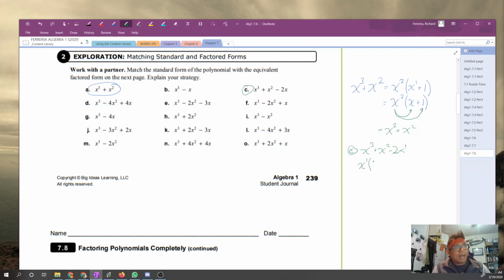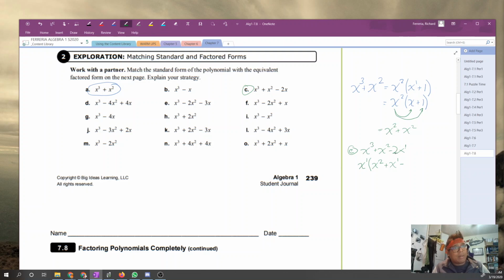And as I do that, I'm just going to leave all the constants alone, all the, what do we call those? We call those coefficients. Leave the coefficients alone and subtract the powers. So x cubed, no coefficient, but 3 minus 1 is 2, so x squared. X squared, no coefficient, so we'll leave that alone, and 2 minus 1 is the first power.